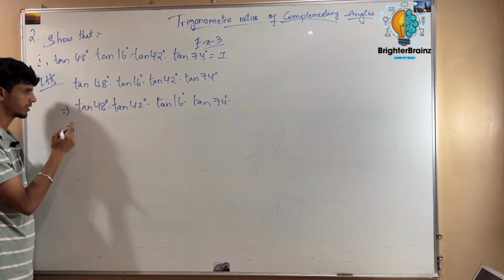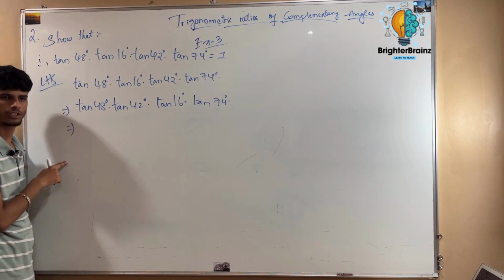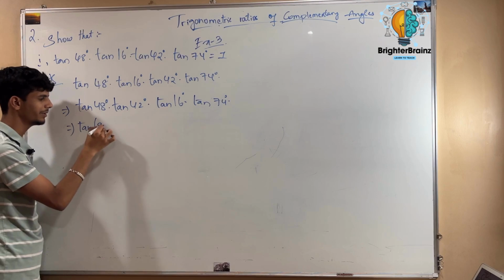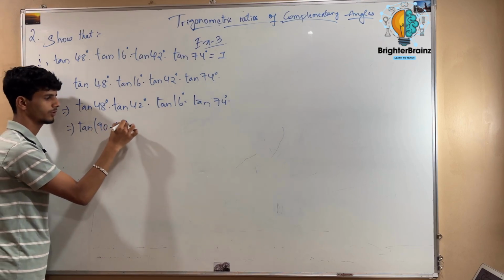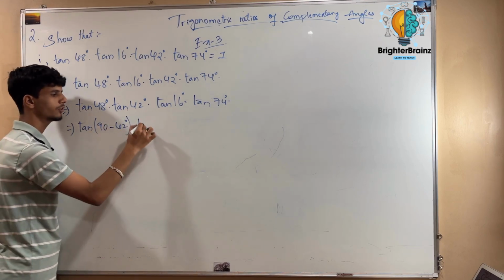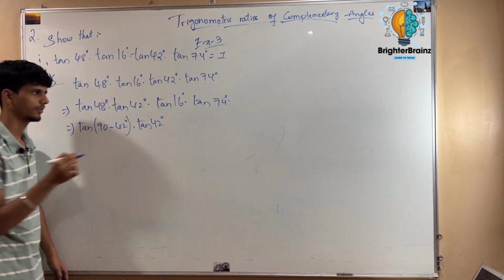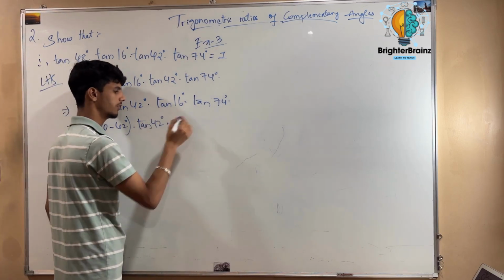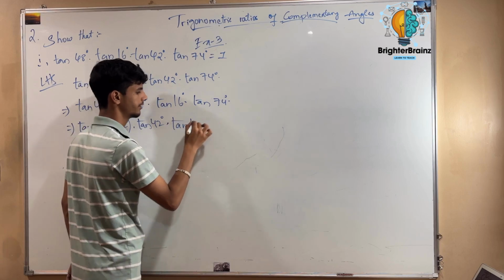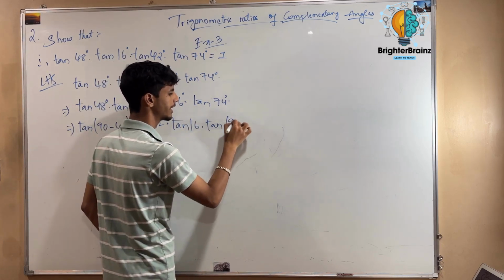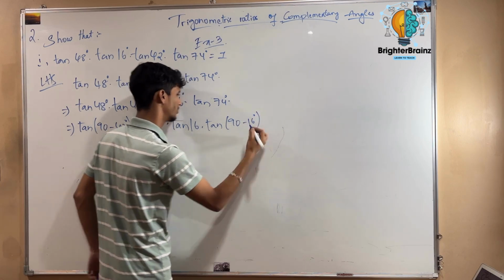Okay, so first let us change tan 48. Now how can we write this tan 48? 90 minus 42. Very good. And write tan 42 as same. Okay, any one we have to change, keep it in mind. And next, from these two, which will change? Tan 74. Okay, then how can we write tan 74 as 90 minus 16 degrees. Very good.